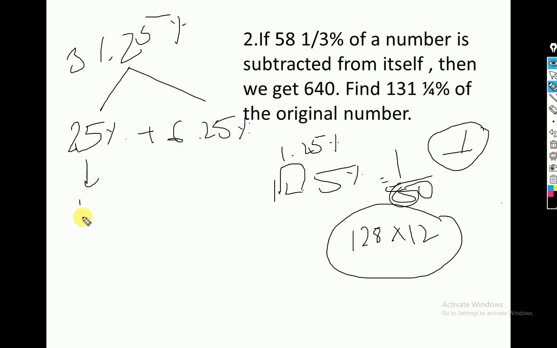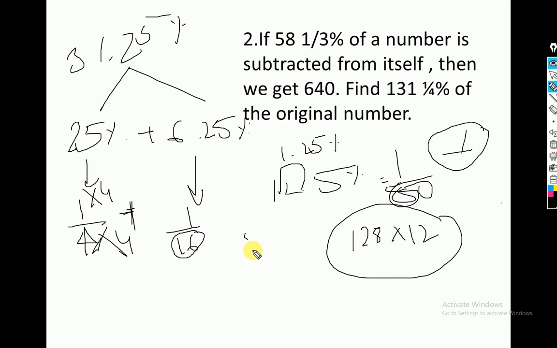This one is 1 by 4 and this one is 1 by 16, right? You multiply it by 4 because the LCM is 16 over here, so it comes out to be 5 by 16. Alright, this is pretty neat and clean.